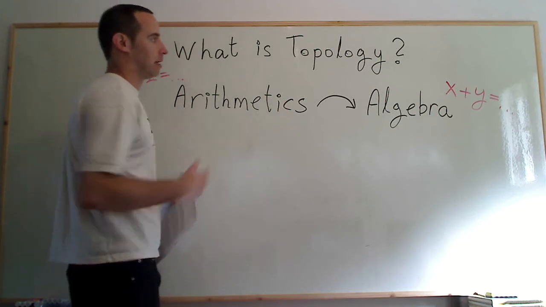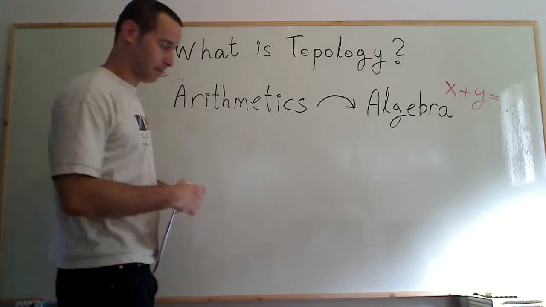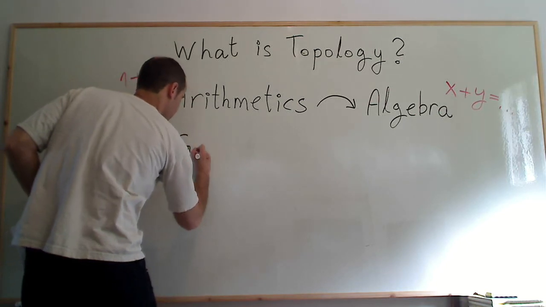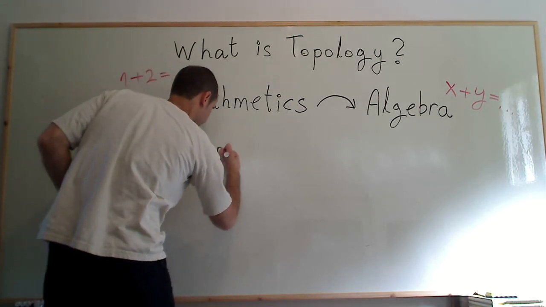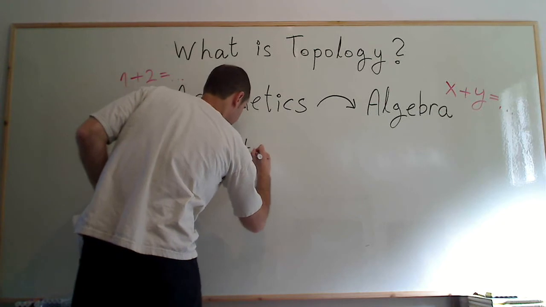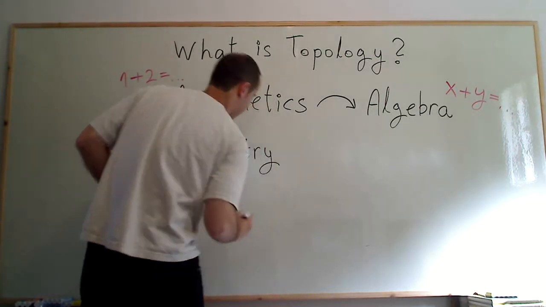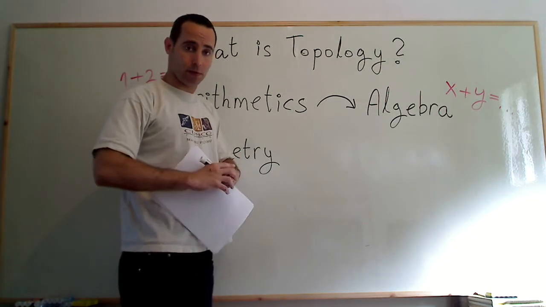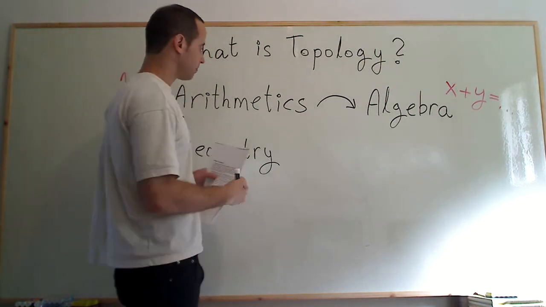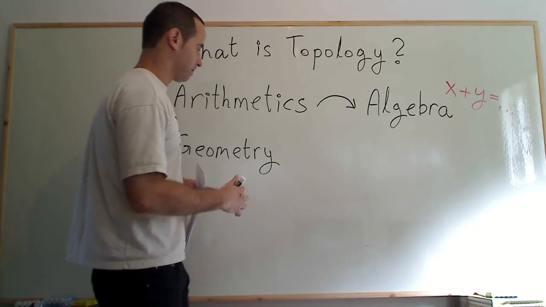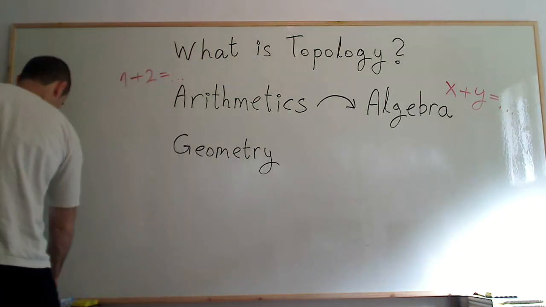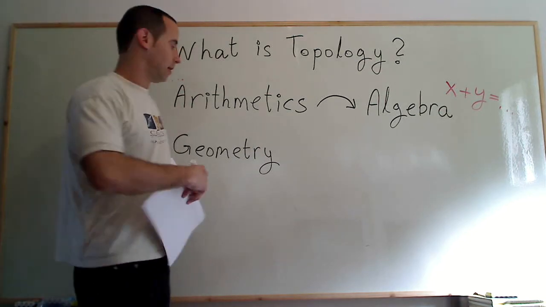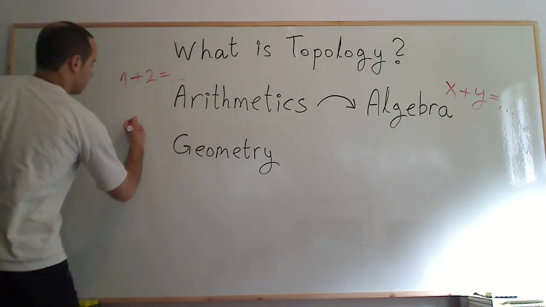In the same way, we want to see where topology came from. It's like the generalization of geometry. If we take geometry, that came all the way back from the Greeks, from Euclid, and he talked about specific shapes, very concrete.